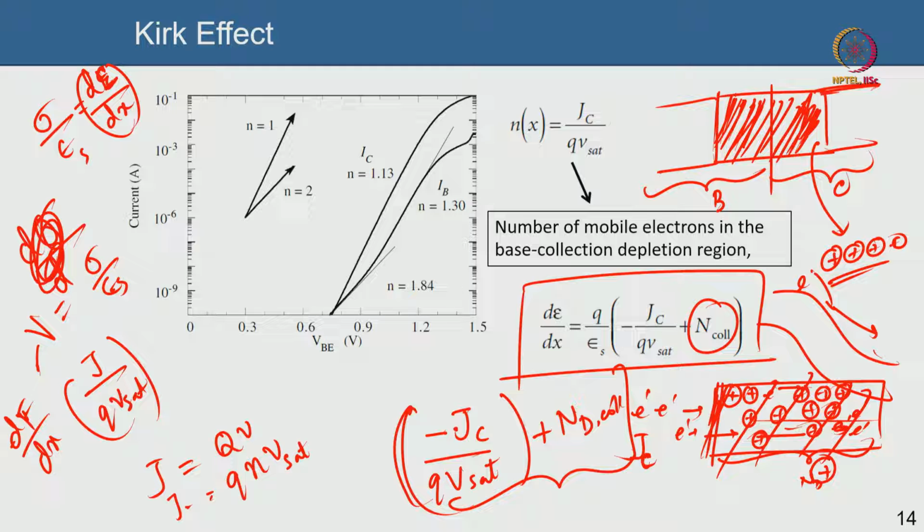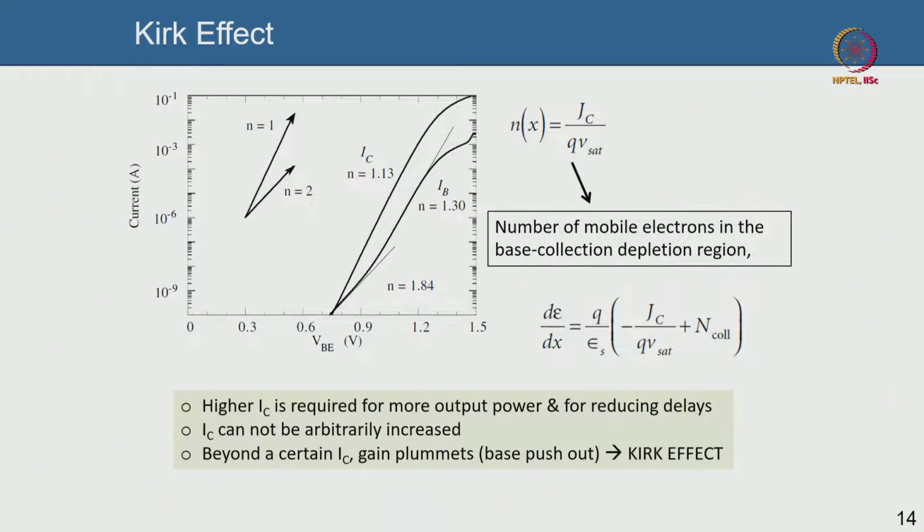Fine. Okay, great. Now, qualitatively, or semi quantitatively, if I keep increasing the base emitter voltage, I keep increasing the emitter current exponentially and hence the collector current. I keep increasing the collector current as much as I want. What will happen?